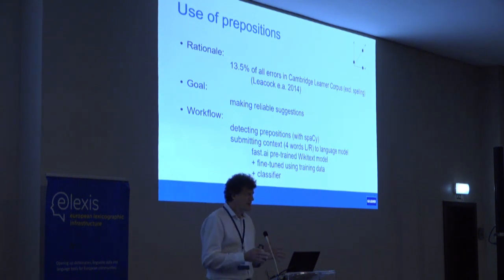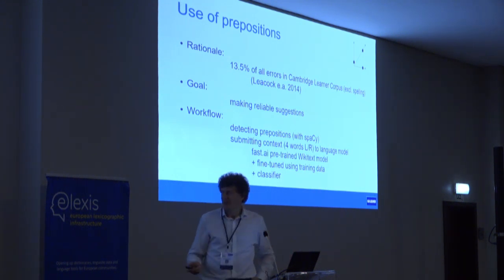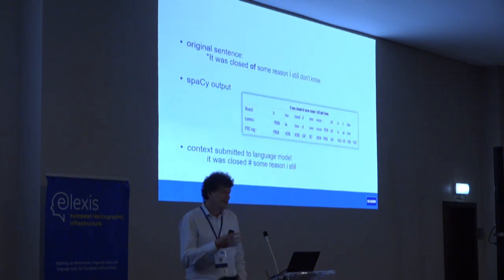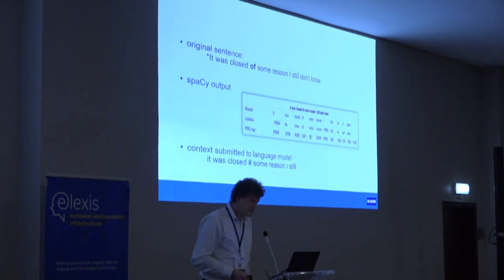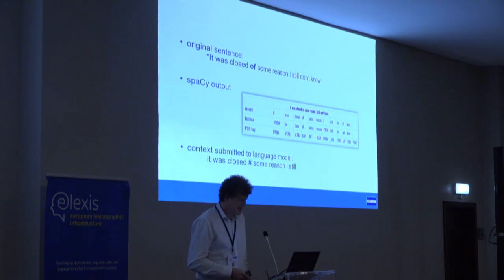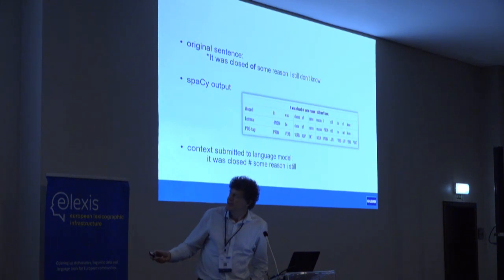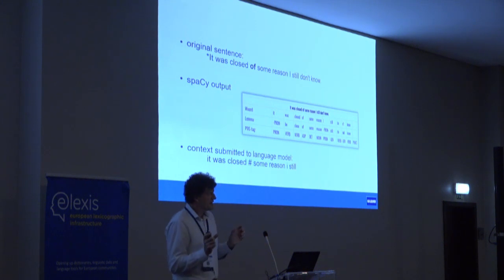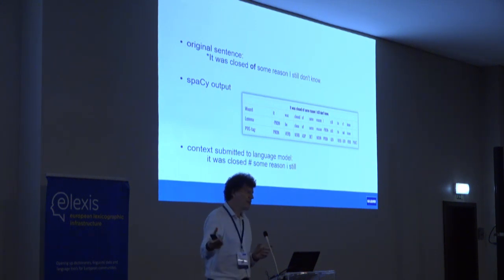That's quite technical. What's the result? That's much more interesting, of course. Well, we start from a sentence, as for instance, "it was closed of some reason, I still don't know." We parse the sentence and Spacy tells us that "of" is a preposition. We then take the context 4 words to the left, 4 words to the right, and we submit it to the language model.